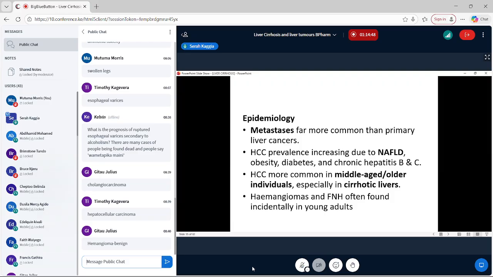In the Western world, because of obesity, diabetes, and the non-alcoholic fatty liver disease, more common in the middle-aged or older individuals, especially those who already had liver cirrhosis. And we'll look at those in detail.